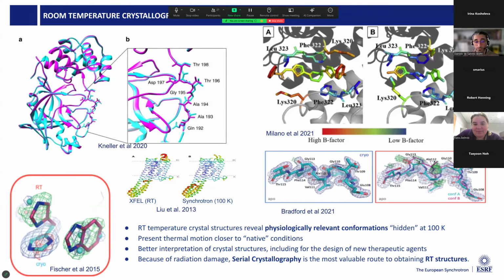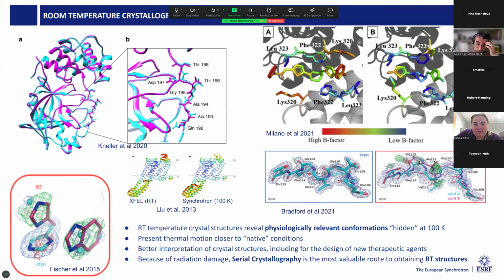It gives a better description of the thermal motion, which is closer to native and physiological conditions, in order to get a better understanding of the structure and potentially reveal ligand interactions, also for the development of new targets.